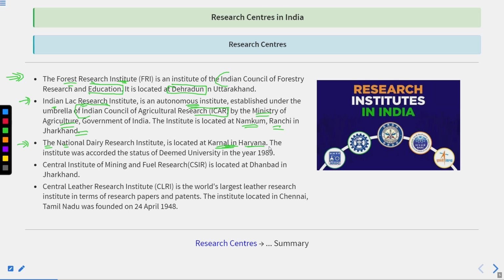So basically, in the initial years when the National Dairy Research Institute got established, it was a research institute. Later on, those who want to be agro scientists or dairy scientists got admission there because this institute had been granted the status of deemed university in 1989, and it lies in Karnal, Haryana.